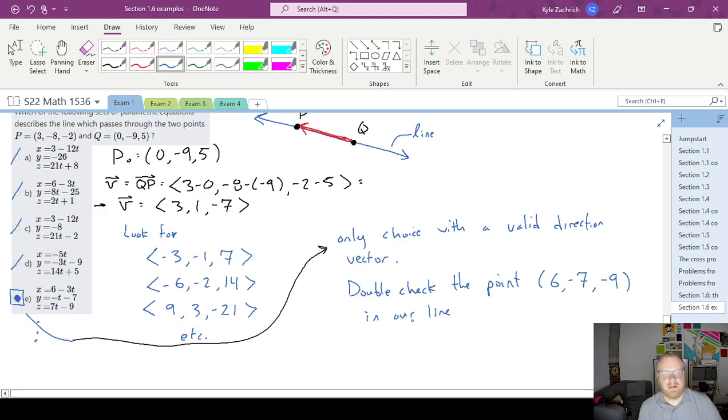In our line, which we didn't write the equations down for, but we could say x equals 0 plus 3t, y is equal to -9 plus t, and z is equal to 5 minus 7t. Right, just using the parametric equations of the line. So we would just plug in 6, -7, -9, and that would give us the values that we want.